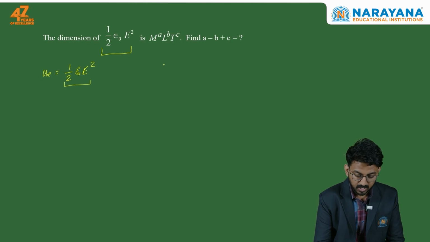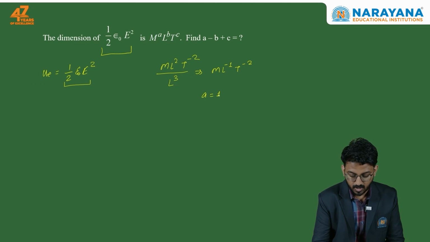So energy density is going to be energy, which is ML^2 T^-2, divided by volume L^3, giving us M L^-1 T^-2, which gives us A as 1, B as minus 1, and C as minus 2.